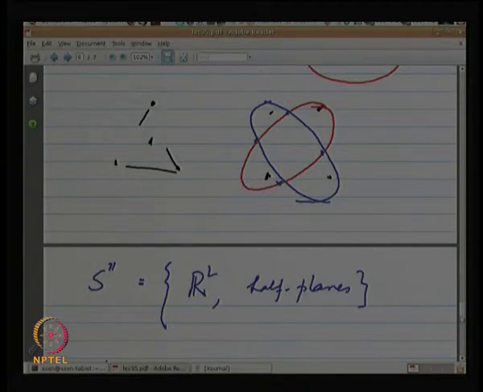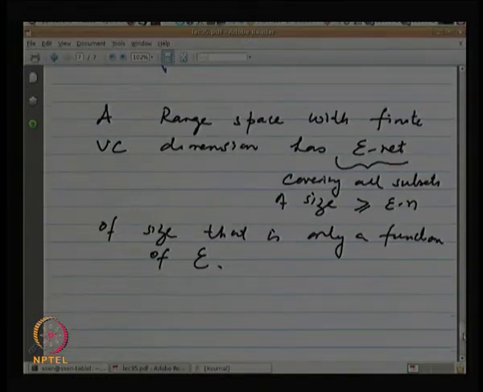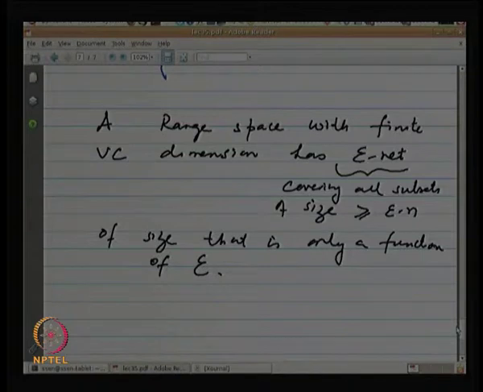This is where we concluded our last lecture, and the overall motivation was this: we will be able to prove that if we are trying to form a set cover of the so-called large subsets, and the range space corresponding to the set system has a finite VC dimension, then the size of the set cover can be captured only as a function of epsilon, that is, we are trying to cover all sets which are of size at least epsilon times n.